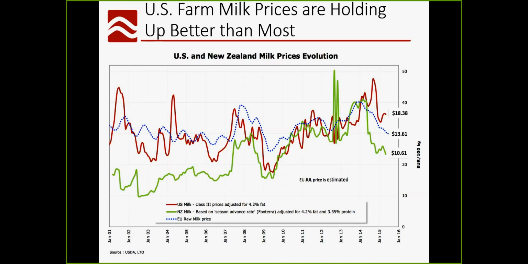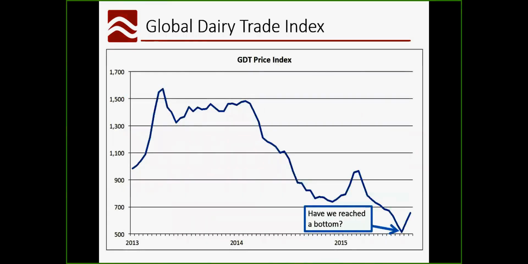Fonterra, which is the big New Zealand co-op, lowered the milk production forecast for the next year for New Zealand by 2%. And that also, by the way, coincides with this bottom right here. When Fonterra lowered that, we saw the global dairy trade index recover because New Zealand is that important.